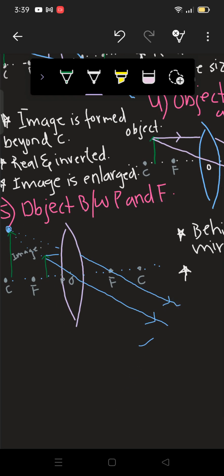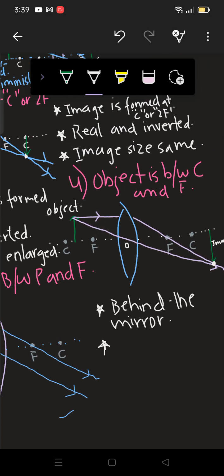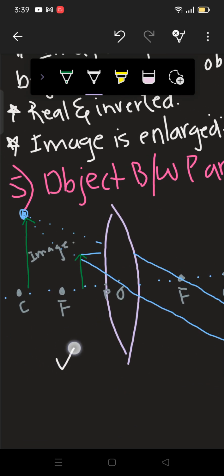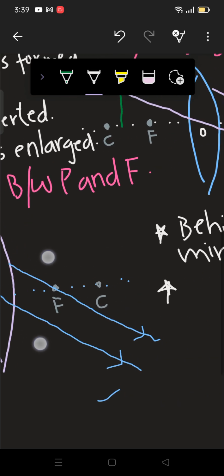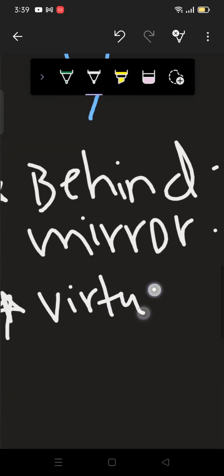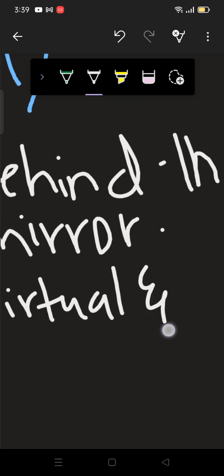Because as you can see, when I was telling you here, like one side we have the object and another side the image is formed, but here you can see the object is placed here and here the image is formed. So that's why this is virtual and erect, which means that would be straight. Alright, so this is virtual and erect.